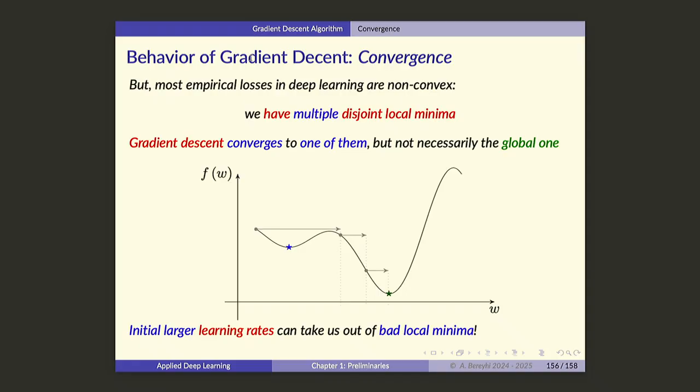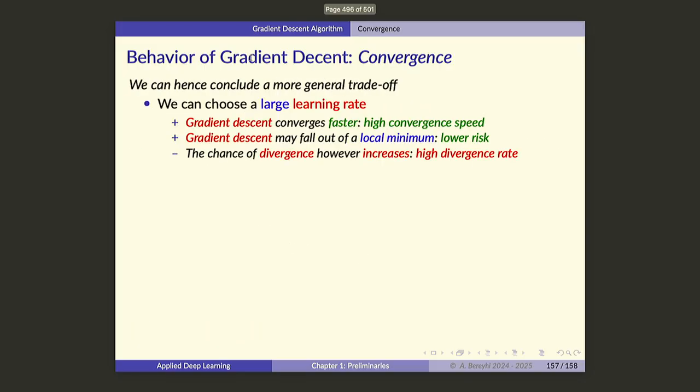How can you find it? Well, as we discussed with your friend, this is quite random, right? But you want to check it. You don't want to always think that the best learning rate is the smallest one, right? So, questions? Everybody's clear? So, you can add to the trade-off that I told you about: when you use a large learning rate, in addition to those two other things, one of them being the high chance of divergence and the other being a high convergence speed, you have this chance that you pass one local minimum, which is a bad minimum, and you end up with a better local minimum, right?